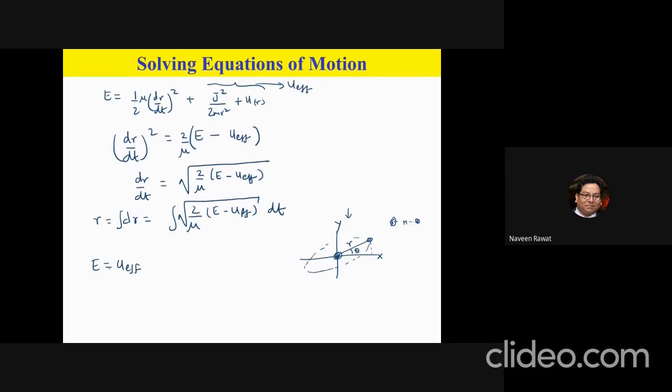If these two quantities are equal, then I'm getting that dr by dt is equal to 0, right? E minus U effective is 0 because they are the same. So my entire expression dr by dt is actually 0, so the change is 0.